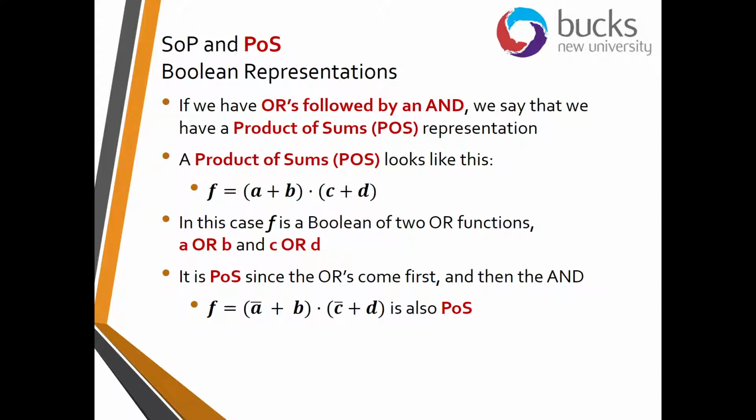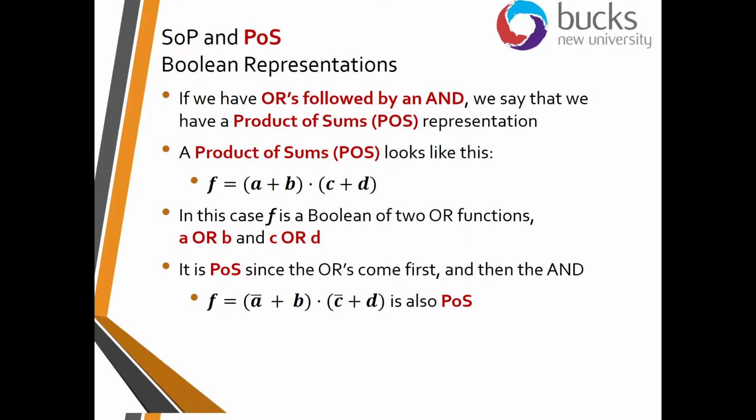And again, it doesn't matter if we've got the inverts on it. So here at the bottom we've got F equals not A or B and not C or D. That doesn't make any difference to POS. And again, NORs and NANDs wouldn't affect it in any way. So we're looking purely at whether it's OR into AND or AND into OR. So OR into AND is product of sums.